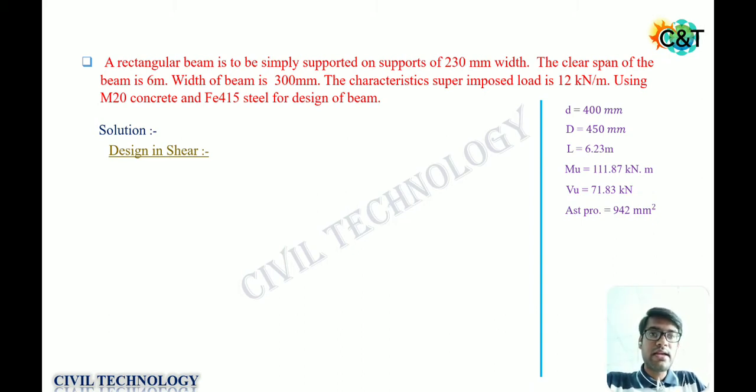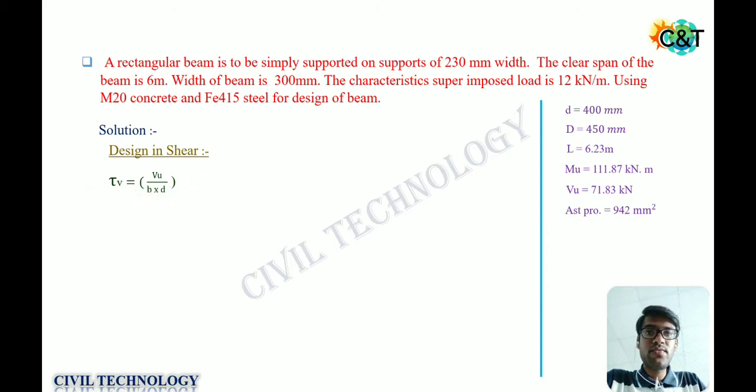First of all let's calculate a few parameters, the first is tau v. The formula is tau v = Vu upon bd. If you see the IS 456 code, you can get all these formulas very easily. Just take those formulas and calculate the related parameters.